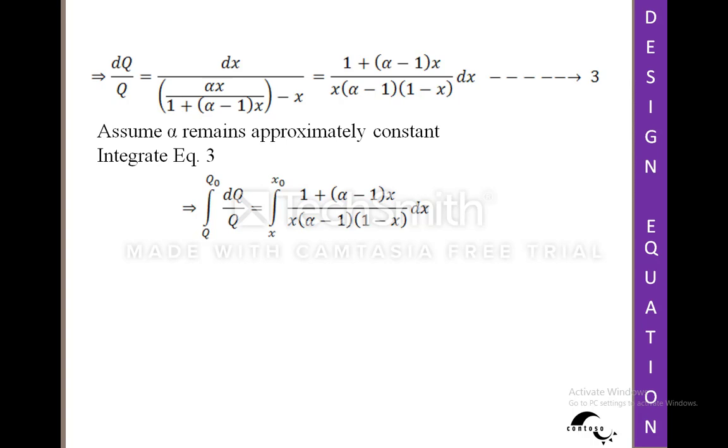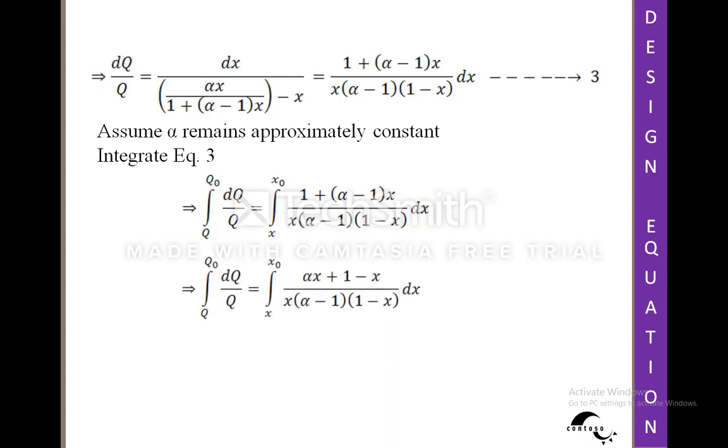We are integrating the entire equation from the beginning of the feed side fluid till the end of the feed side fluid, and the same thing for the concentration also. Since you have considered a small element in the small area, we are integrating between the entire limits to give you the entire area.